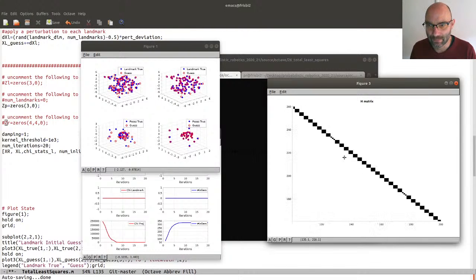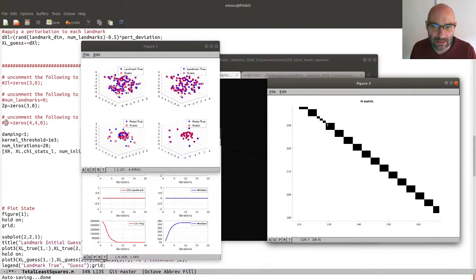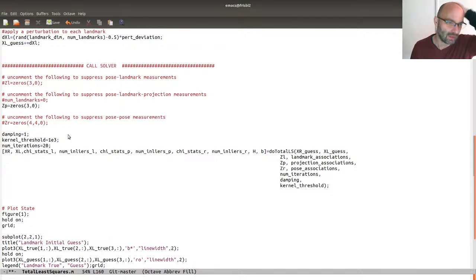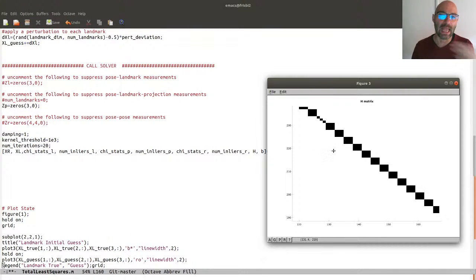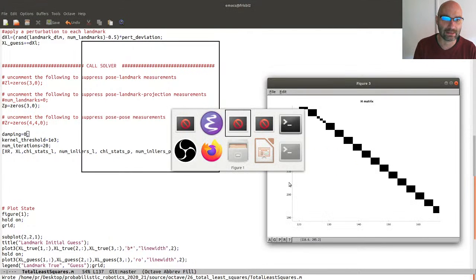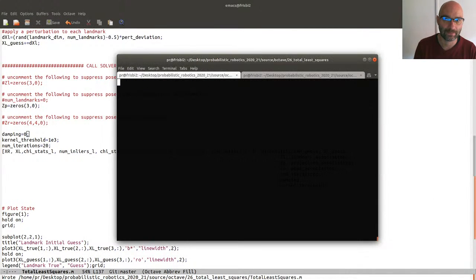Funnily, if I zoom in, you see these tiny little blocks here? These tiny little blocks are one that I put in the system, which is called damping, an identity matrix that I add to the H matrix in case the system is poorly conditioned, which might occur in case I do not observe a landmark. Just to highlight this, I could simply rerun total least squares by setting the damping to 0.